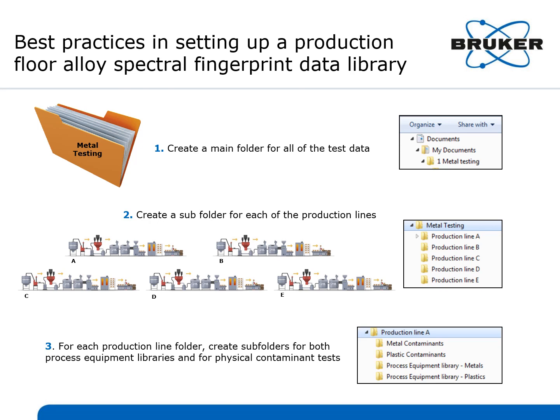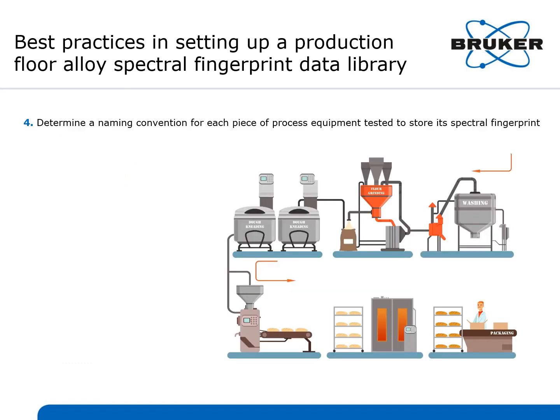Then, create subfolders for both process equipment libraries and for physical contaminant tests within each production line folder. You can set up folders for metal contaminants, plastic contaminants, a metal process equipment library, and a plastic process equipment library for each production line.